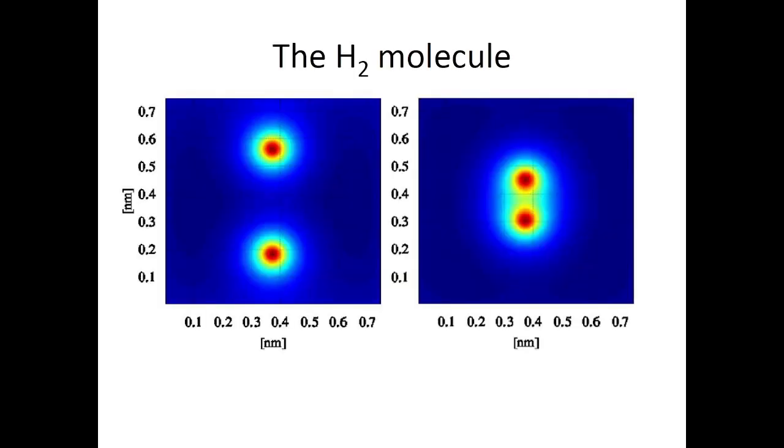We will now go through several benchmarks and applications to show how the signed particle formulation can work and how it can simulate actual time-dependent many-body quantum systems. First of all, we are going to focus on the H2 molecule, the hydrogen molecule.